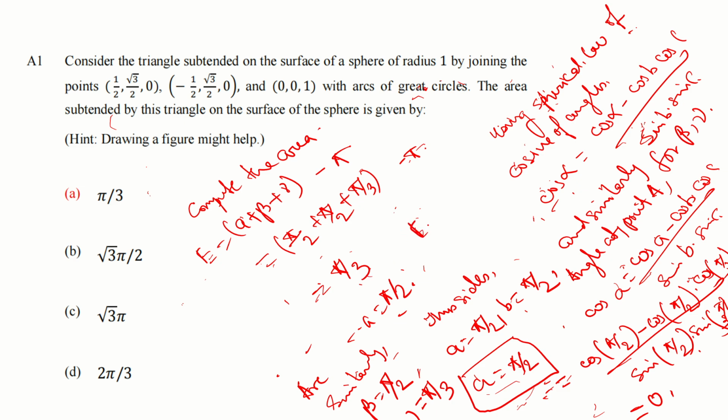So E will be pi by 3. So the answer of this problem is pi by 3. Both the solution as well as the problem is clear, and the option E of the above problem is correct.